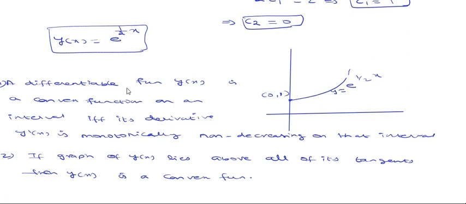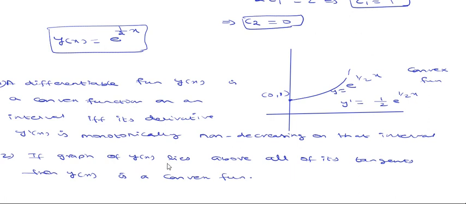We can check its derivative. The derivative is 1 by 2 e power 1 by 2x. So it is non-decreasing, that is, it is an increasing function, therefore it is convex.